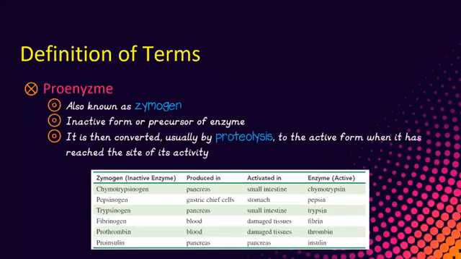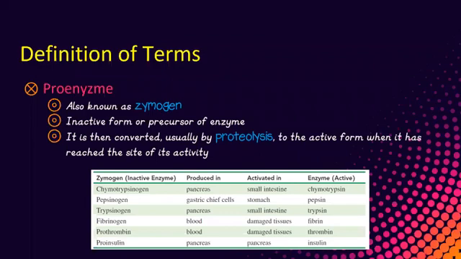Okay, more terms. We have our proenzyme, which can be termed zymogen. Most of these are digestive enzymes and they are secreted from the organ of production in an inactive form.